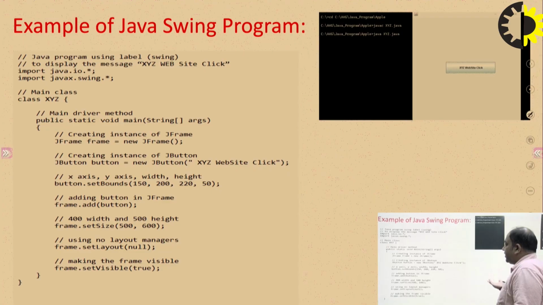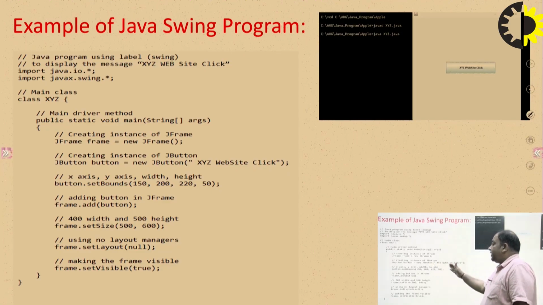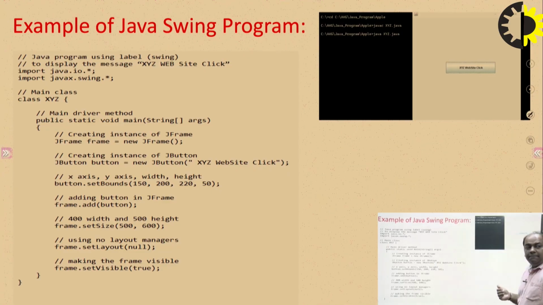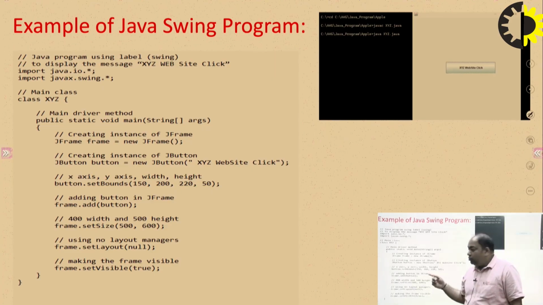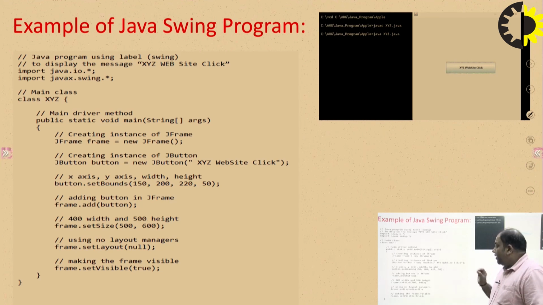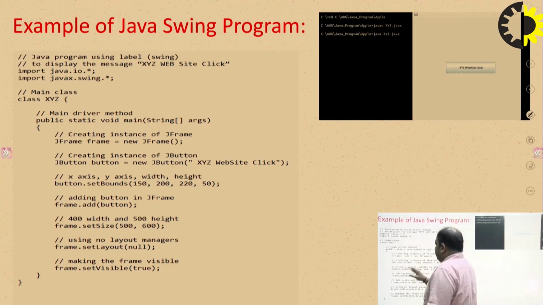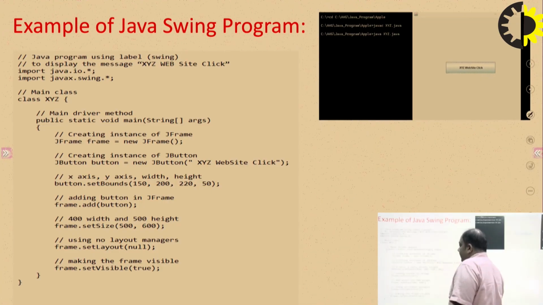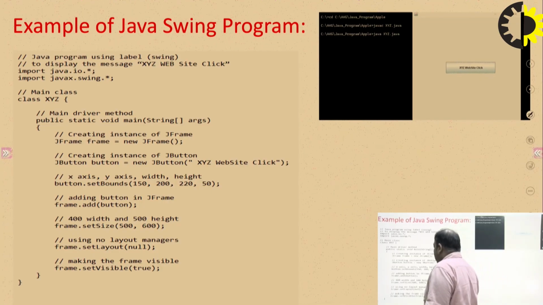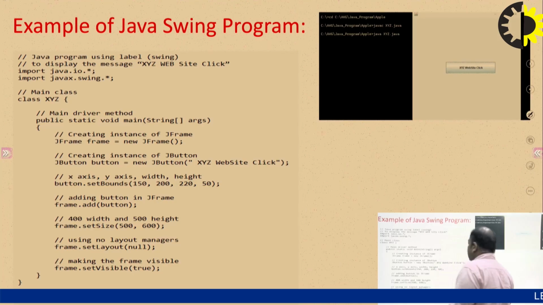Then we create a button and the text which will be displayed on the button. Then we set the bounds for that button, button.setBounds, on which location on the Swing frame this button should be placed. Then we add that button into the frame, then set the size of the frame, then the layout, and then visible equal to true. So this button is now visible on your Swing frame.